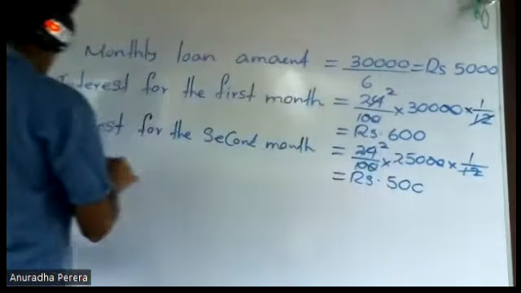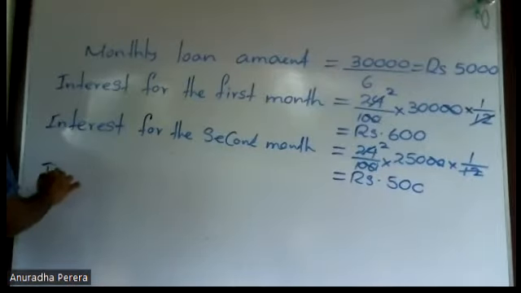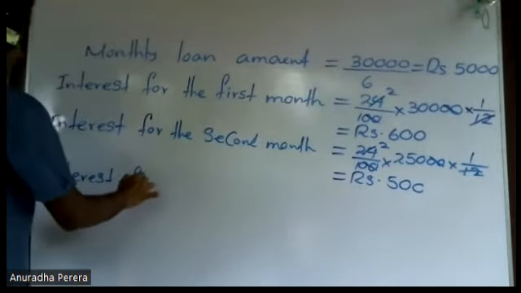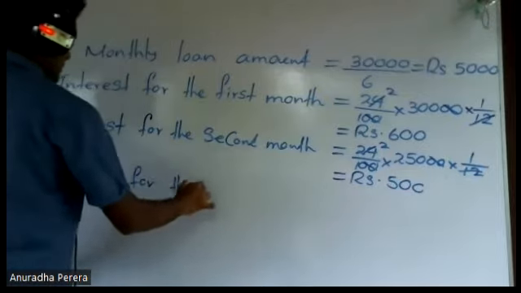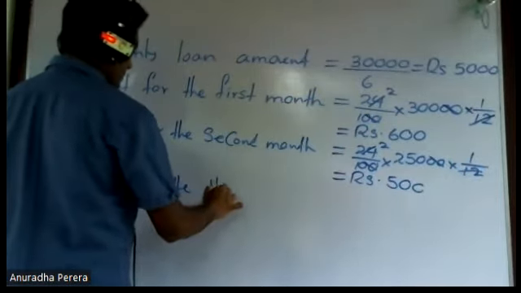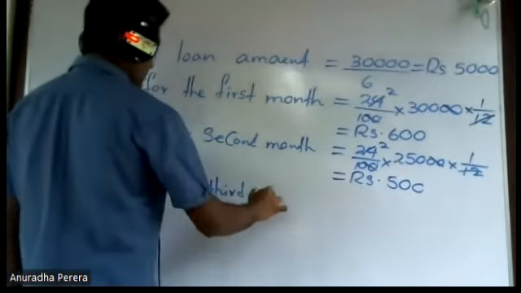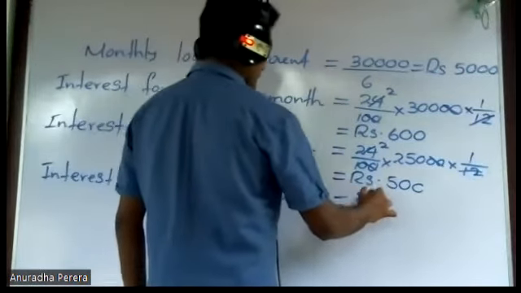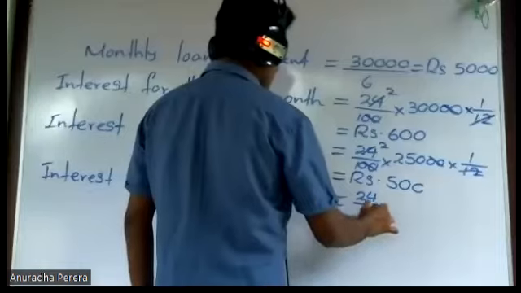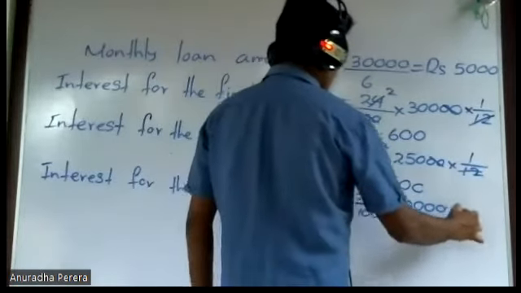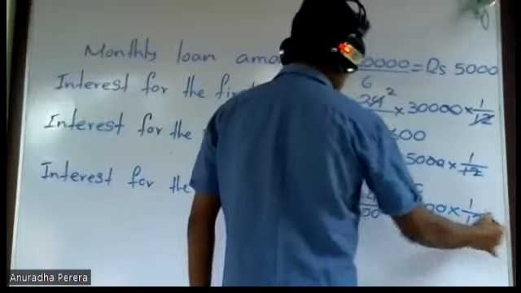Then interest for the third month: 24%, the loan amount 20,000, 1 over 12.